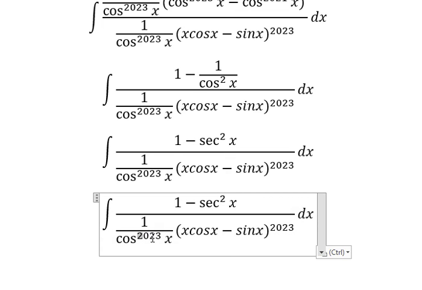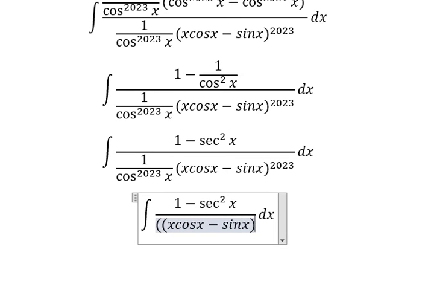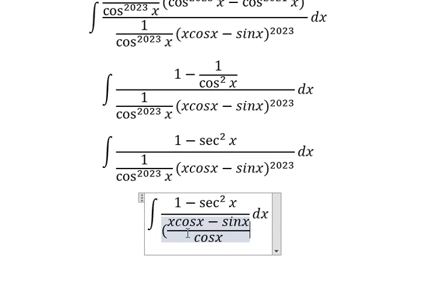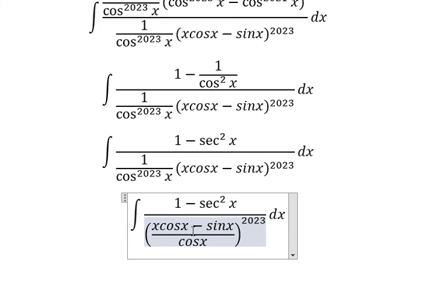So because we have the same power 2023, we can combine two things together and we have x cosine x minus sine x over cosine x, everything to the power of 2023.